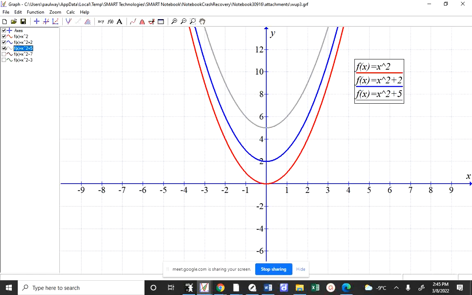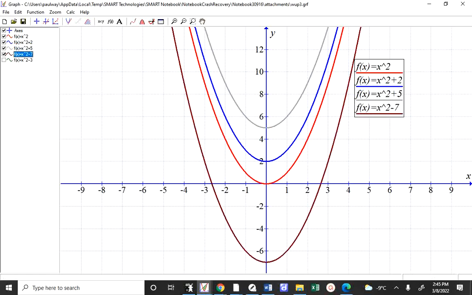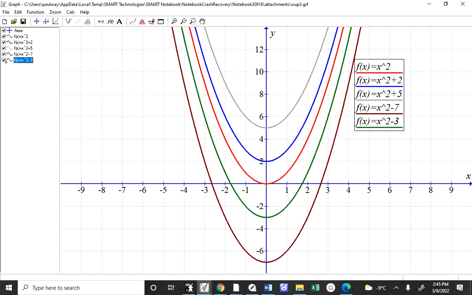X squared minus 7, anybody want to take a wild guess, stab in the dark at what x squared minus 7 will look like? Jack? The y-intercept will be at -7. Right, so that red graph is going to be down at -7 for the vertex, which is the y-intercept. And x squared minus 3 will be down 3.